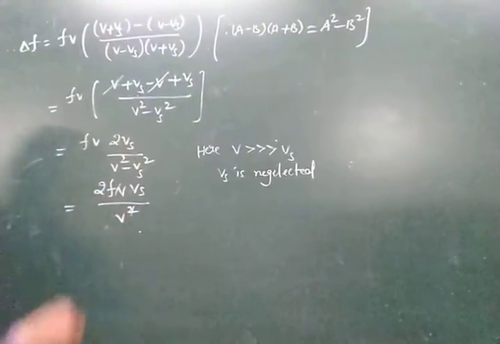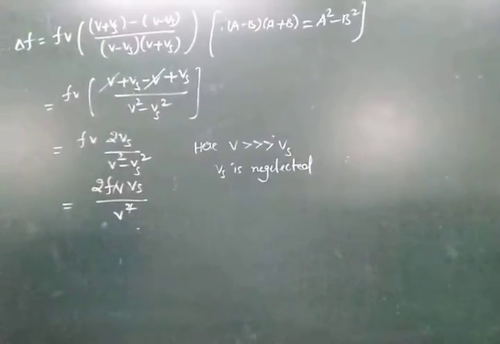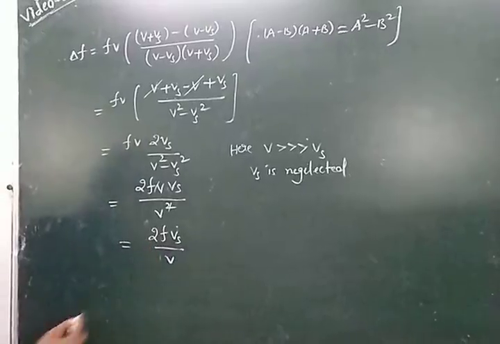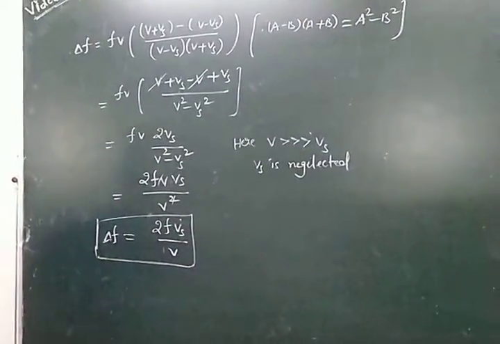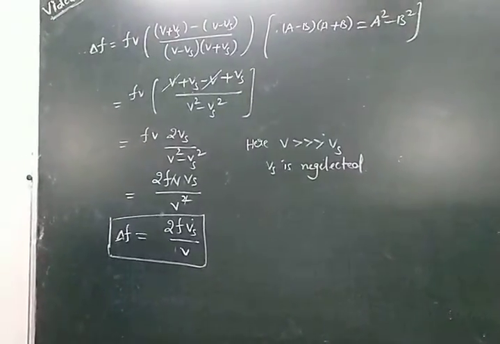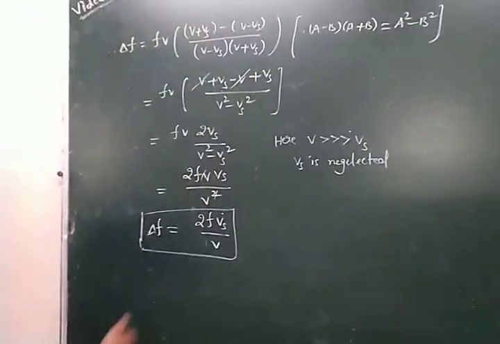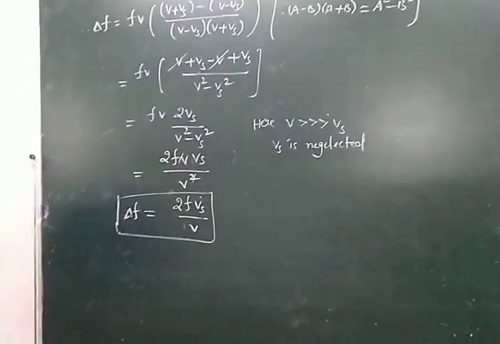Then one v gets cancelled. The remaining we can write is 2 f vs by v is equal to delta f. See, this is the change in frequency heard by the stationary observer when the source is in motion. So delta f is equal to 2f vs by v.